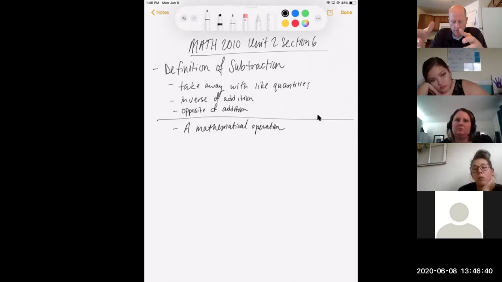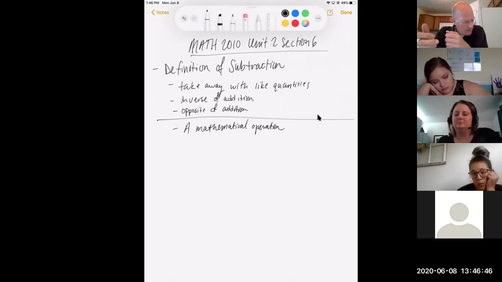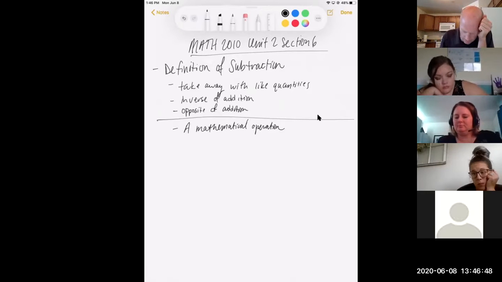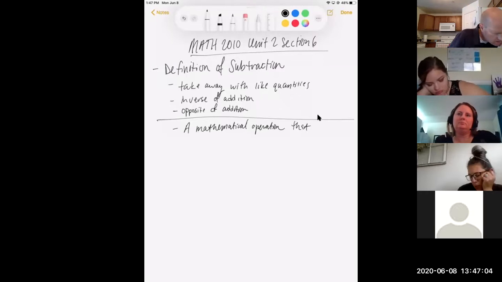So subtraction is an operation. You can identify an octagon as a type of 2-dimensional figure. So it's a mathematical operation, and among all the mathematical operations there are, subtraction has certain qualities, and that's what you guys named above. It's a mathematical operation that finds the difference between 2 like quantities.